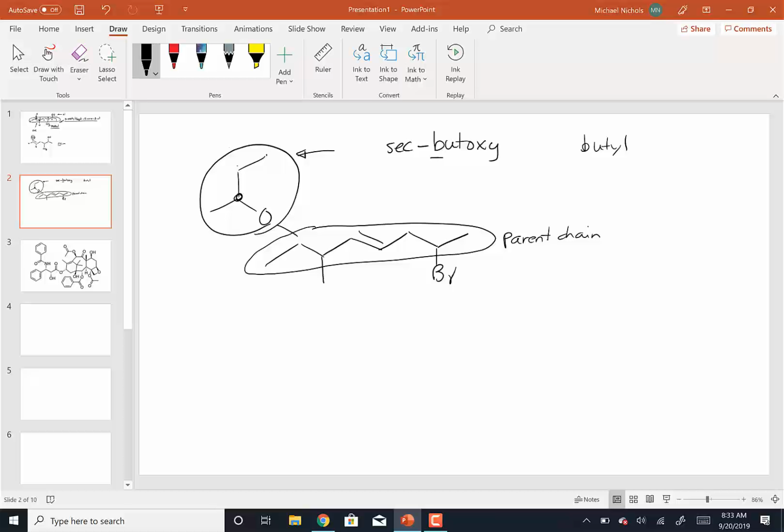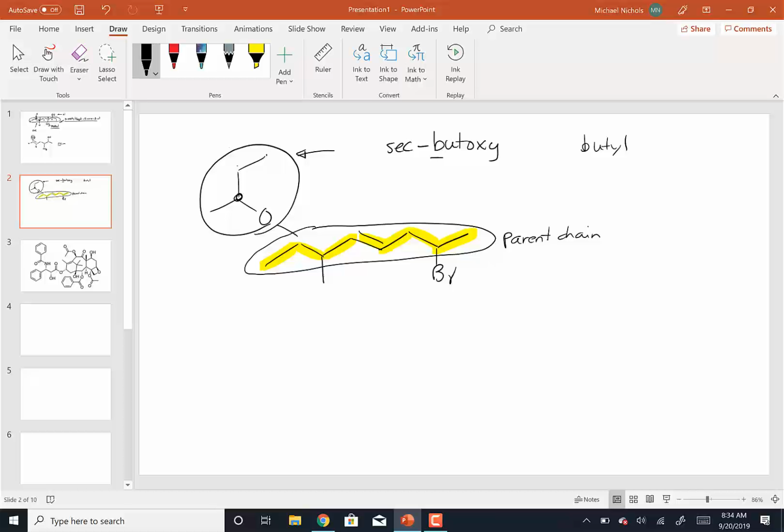But now what do we need to do? Now we need to number. We found the parent chain, the longest continuous carbon chain. And again, I'm treating this circled alkoxy group as just some other group. So here's my longest chain. When I look at that longest chain, I see that it has a double bond in it, so now I have to use the double bond rules for numbering.